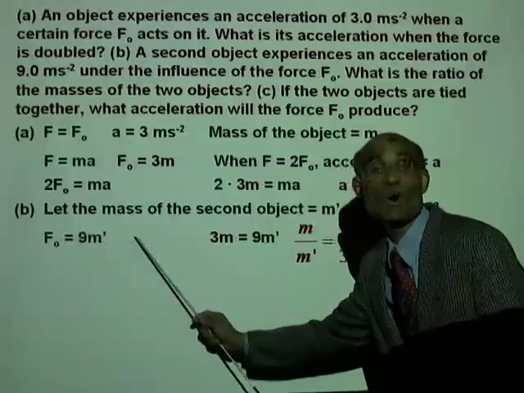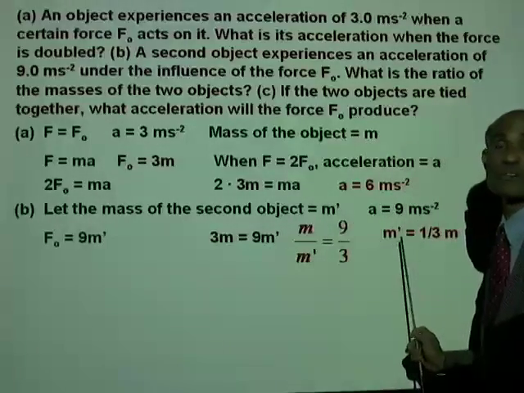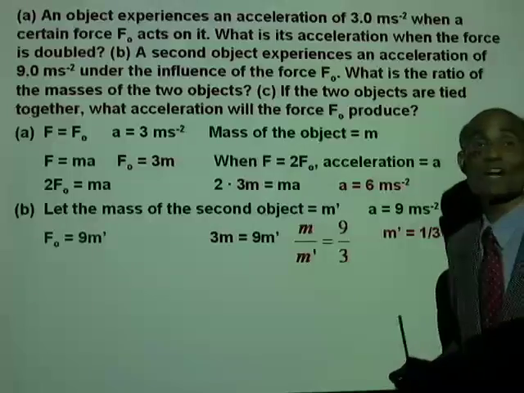In fact, you don't need all these steps to figure out that m prime is 1/3 m.